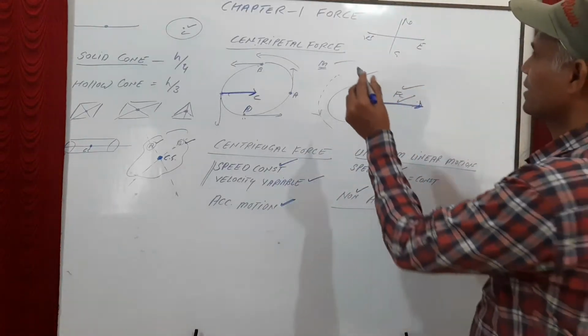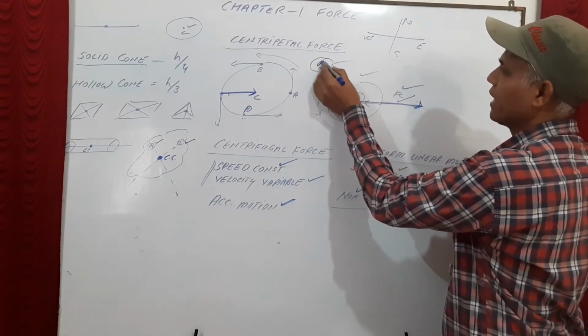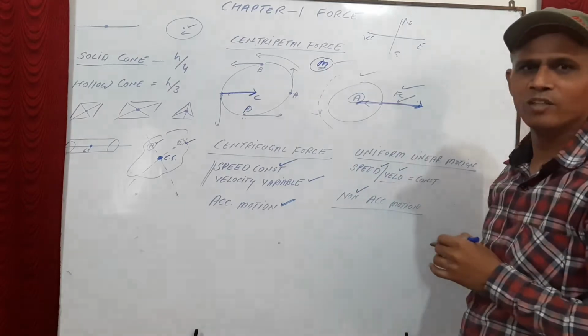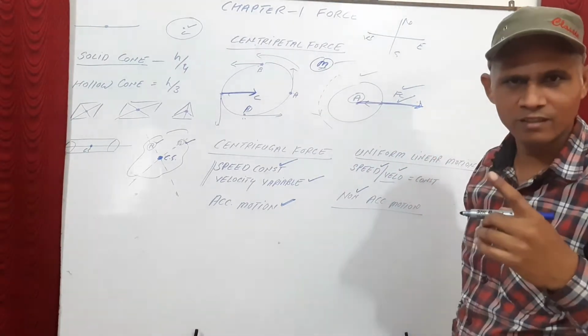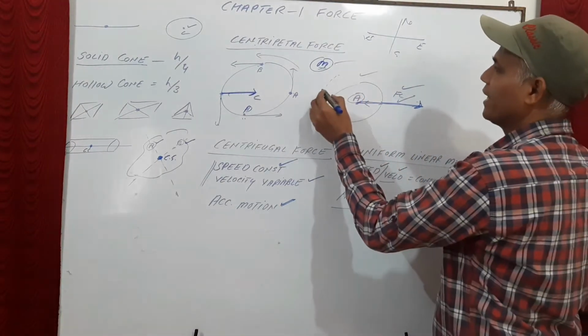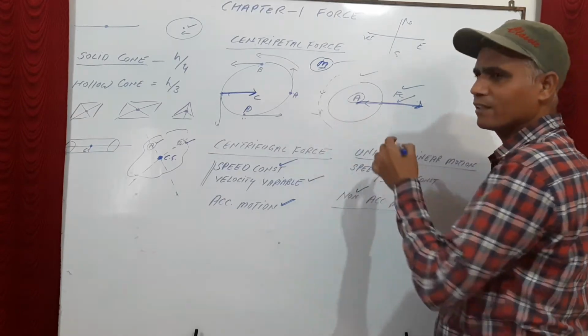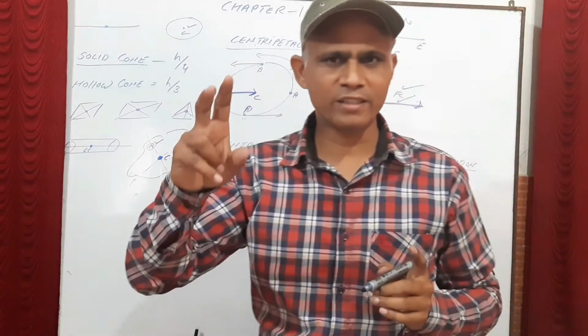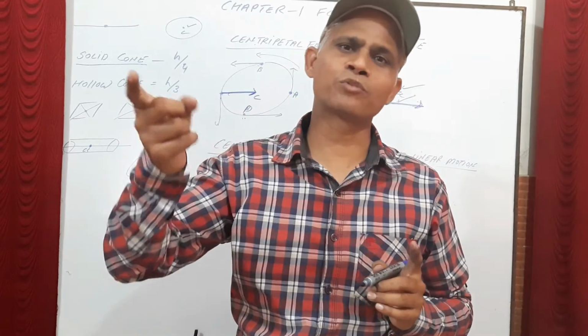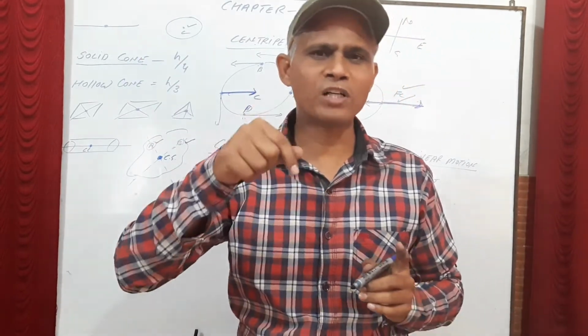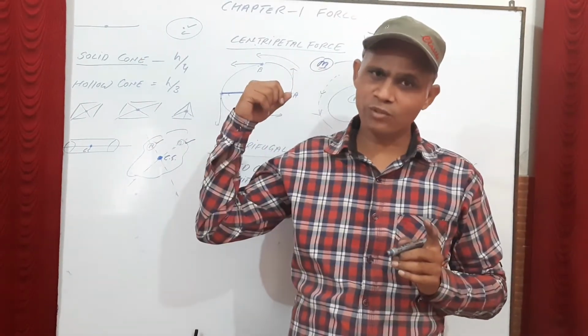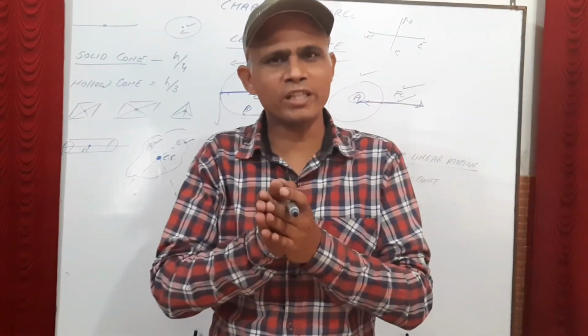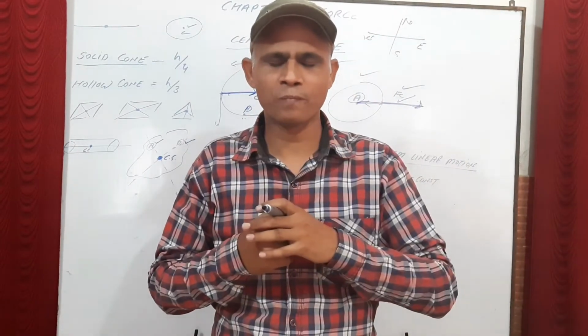But if a person is standing outside, what will appear to him? It will appear that the stone is moving in a circle. Now two persons are making an observation of the same phenomenon. For the person sitting on the merry-go-round, the stone is stationary with respect to him.